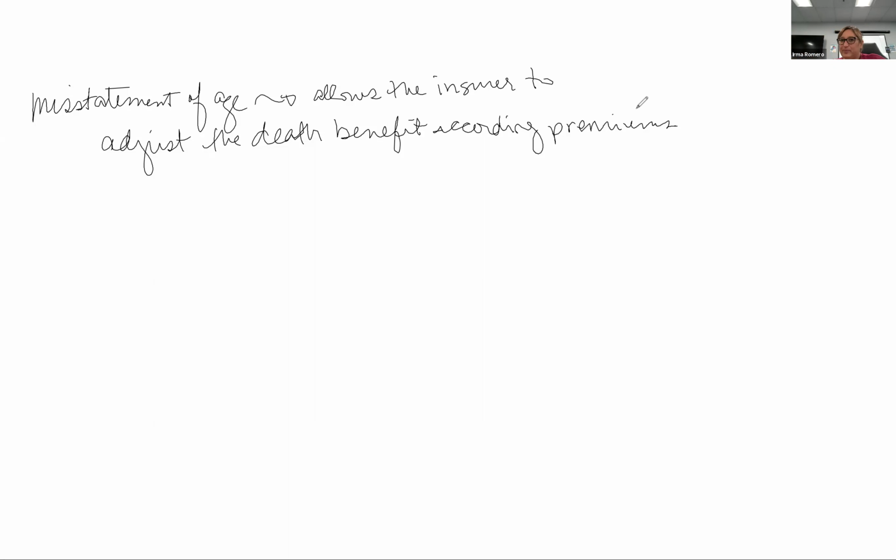If there's a misstatement or an error, the insurance company is going to adjust. And the question is, how do they adjust?